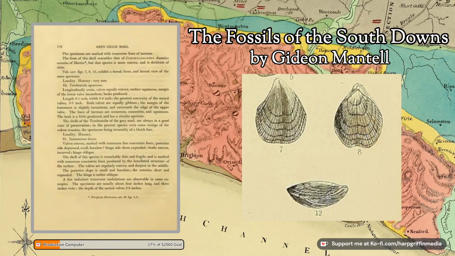The form of this shell resembles that of Conchiliolithus Anomites saculus of Martin, but that species is more convex and is destitute of striae. Tablet 25, figures 7, 8, 12, exhibit a dorsal, front, and lateral view of the same specimen. Locality: Hamsey. Very rare.